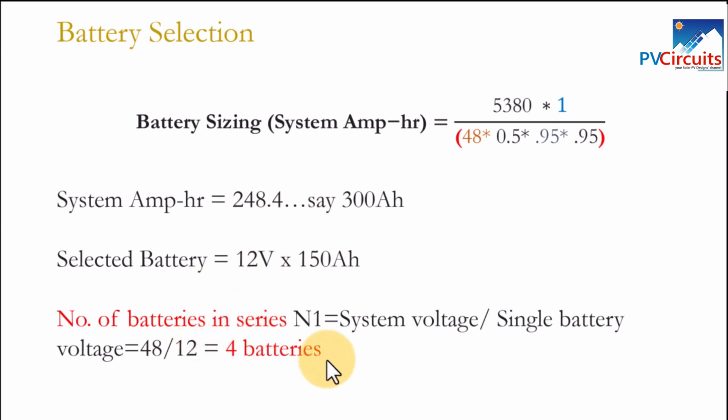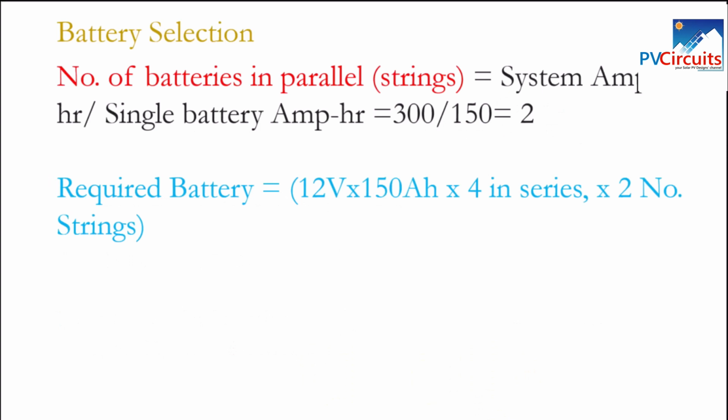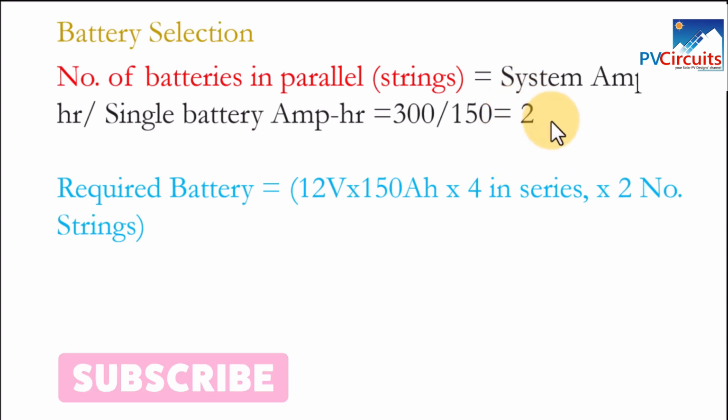That gives us 4 batteries which should be connected in series. And to know the number of batteries that will be in parallel, these are the strings of the 4 batteries in series, we divide the ampere hours that we have calculated by the battery ampere hours, and that gives us 2. So we have 2 strings of 4 by 12 volts.